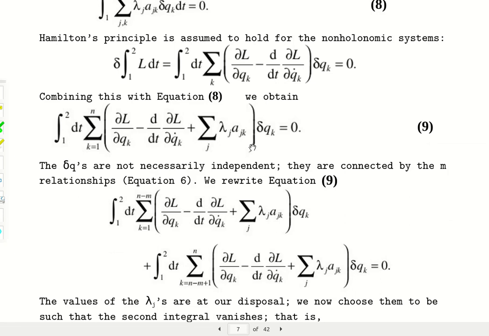Here now the delta q's are not necessarily independent, because we can break it into two equations. The first one, k runs from 1 to n minus m, and the second one, k runs from n minus m plus 1 to n. We can divide it.